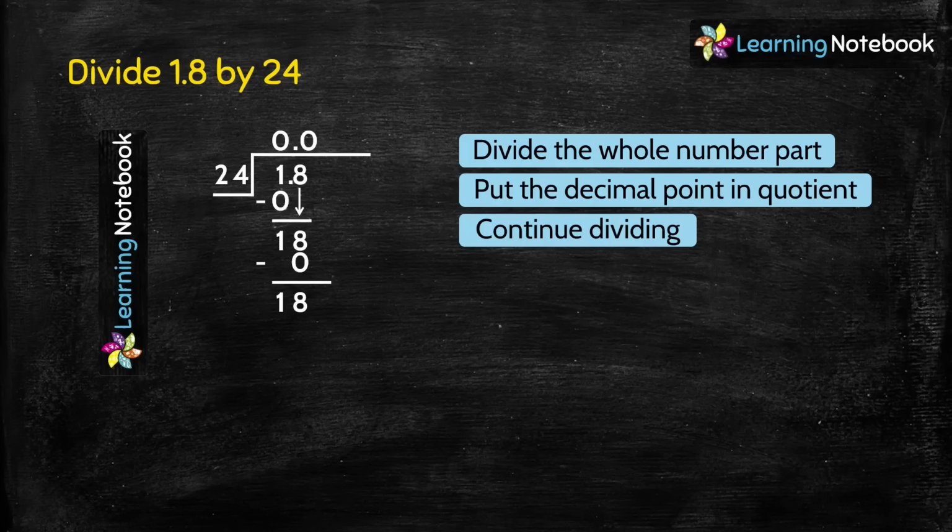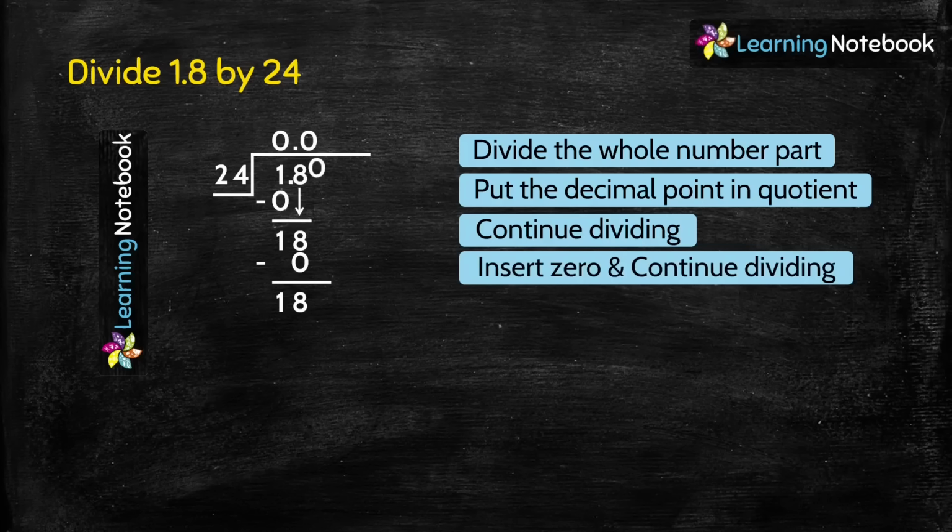Now students, the remainder is 18. But we can still continue with the division by inserting 0. So let's insert a 0, and now we will copy next digit 0. So let's divide 180 by 24 now.